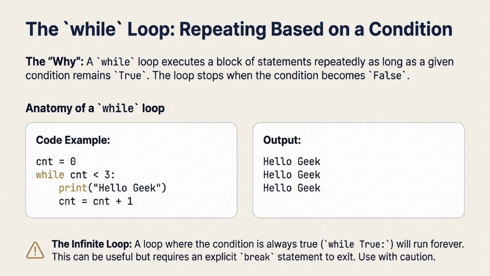Inside the loop, the program prints hello geek. Then the value of count is increased by 1. This step is very important because it eventually makes the condition false. As a result, the loop runs exactly 3 times and we see hello geek printed 3 times in the output.